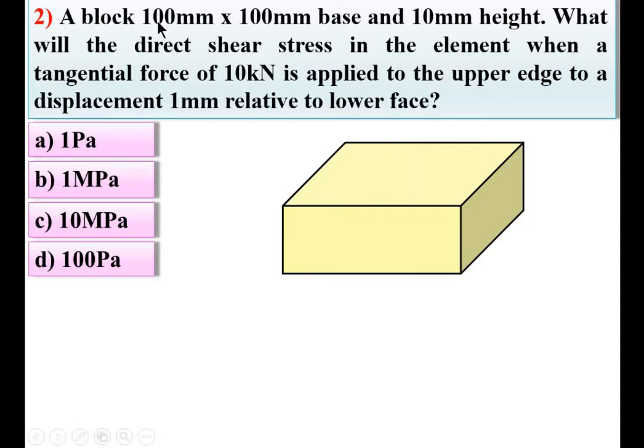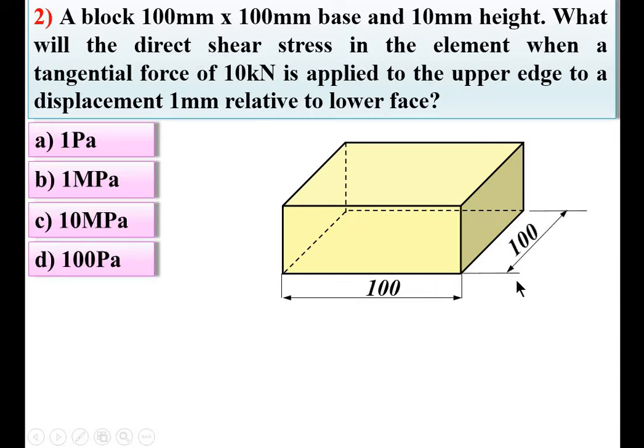So consider the block with 100 mm by 100 mm base and height 10 mm. I am going to show the dotted line so that you can visualize the block. The dimension is given to you as 100 mm by 100 mm, that is the base, and the height is 10 mm.